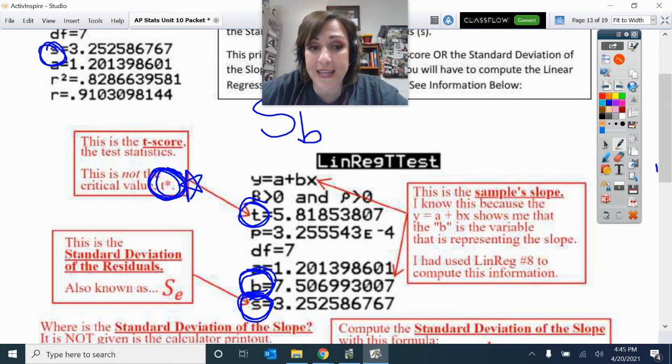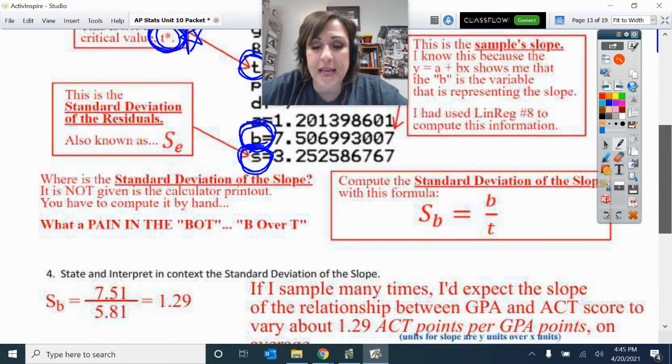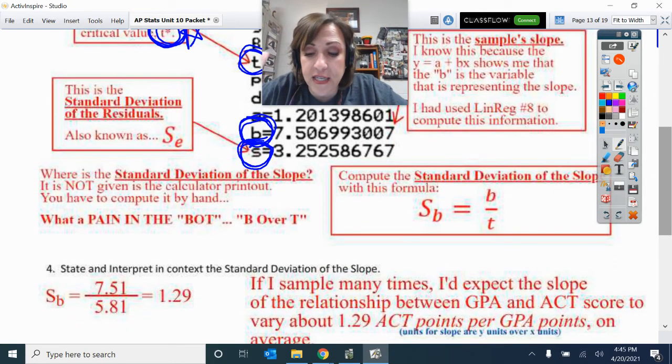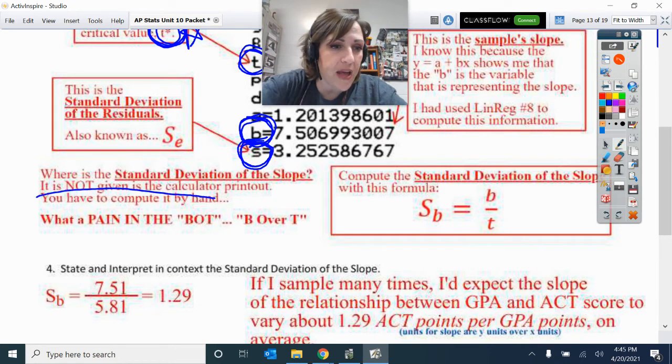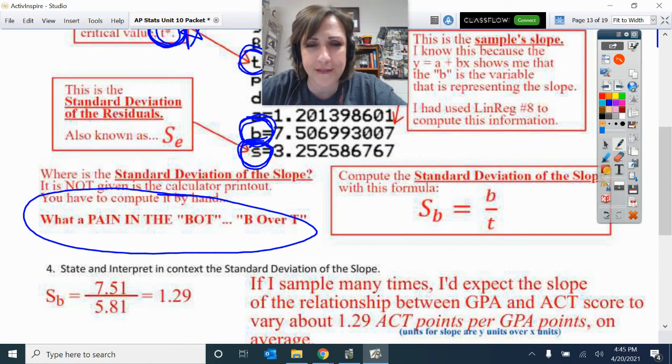But guess what? Standard deviation of the slope, if all you have is your calculator, is a pain to calculate.